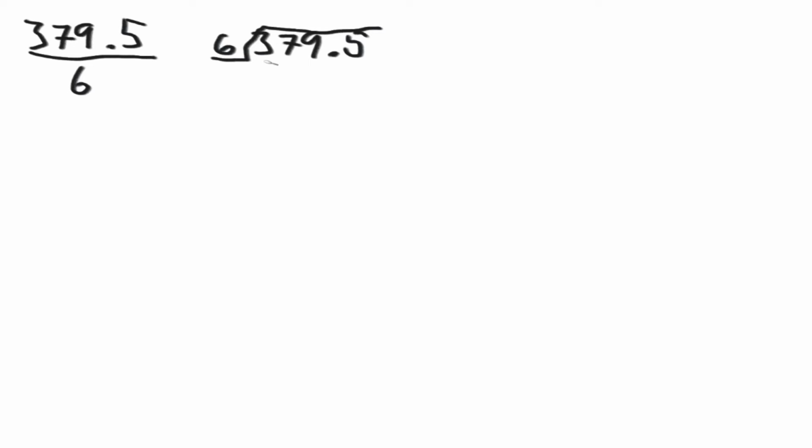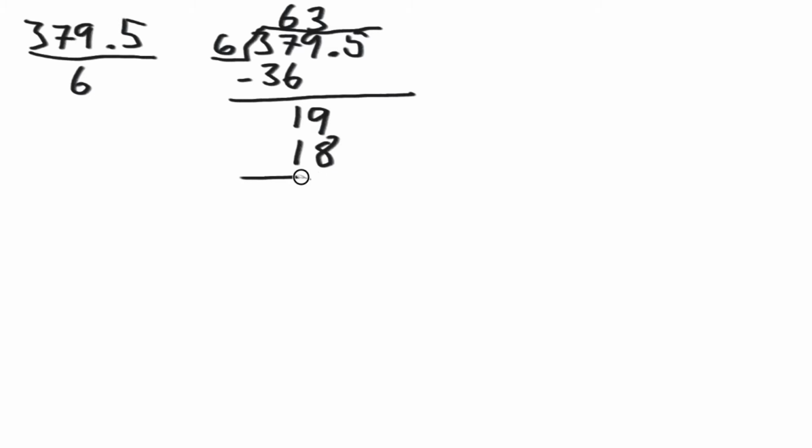So 6 does not go into 3, but we have that 6 times 6 is 36. So that leaves us with 19 down here. So 3 times 6 is 18, 4 times 6 is 24, so that's too much. So 3 times 6 is 18.